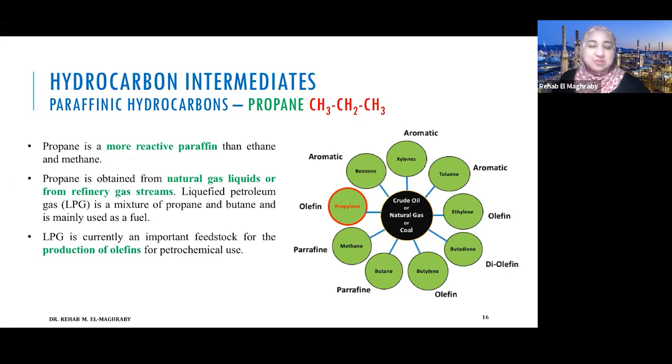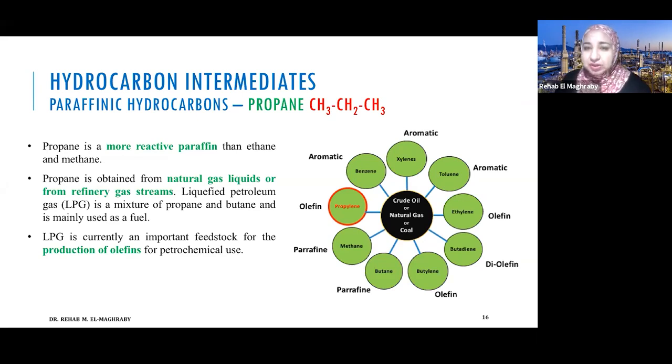But anyway, LPG is a source of fuel instead of natural gas for remote areas that don't have access to natural gas supplies in their homes. So this is one of the ways. Also, it can be used as a car fuel. The cars that use gases can use LPG also.